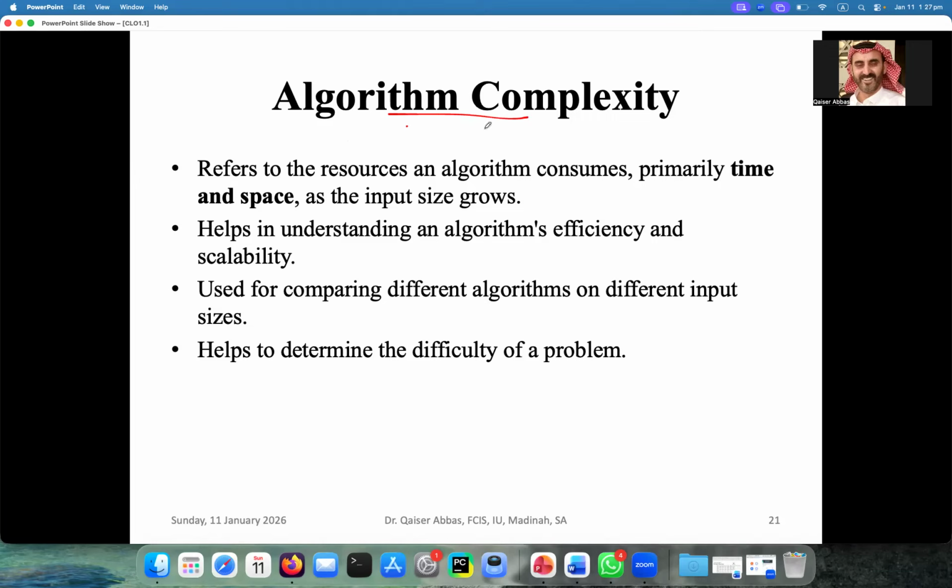Algorithm complexity normally means how we can calculate the time and space of an algorithm when the size of the input is increasing from lower to higher, because the behavior of the algorithm can change as the input size increases.